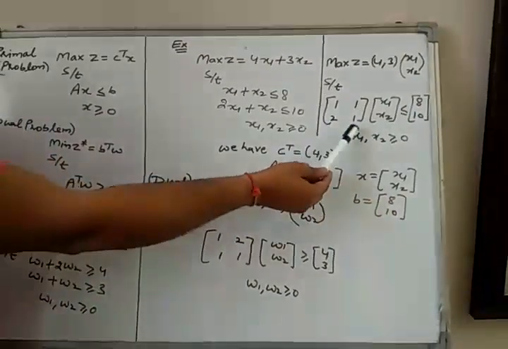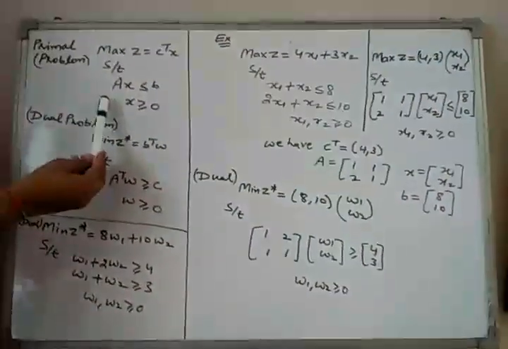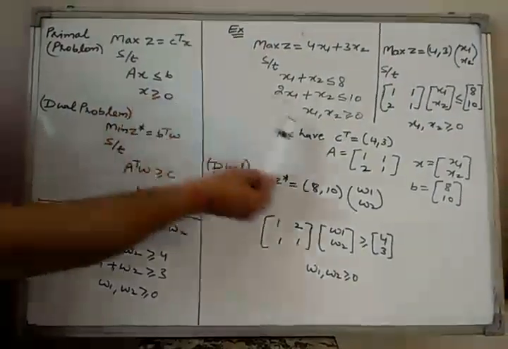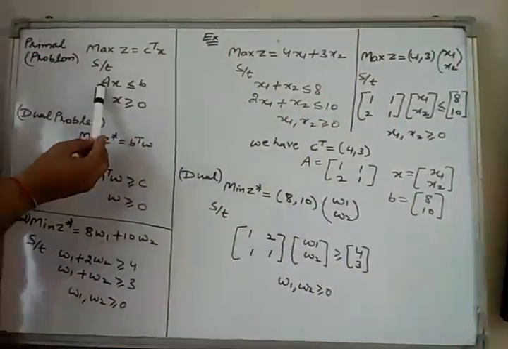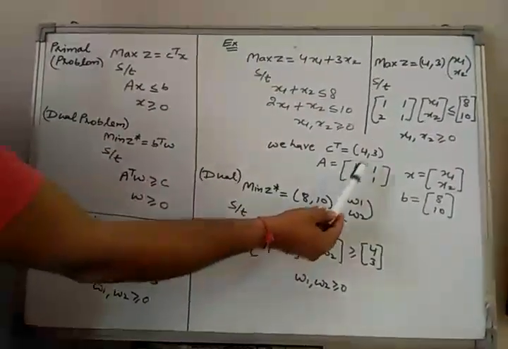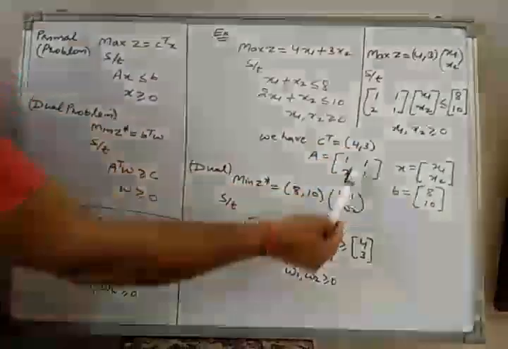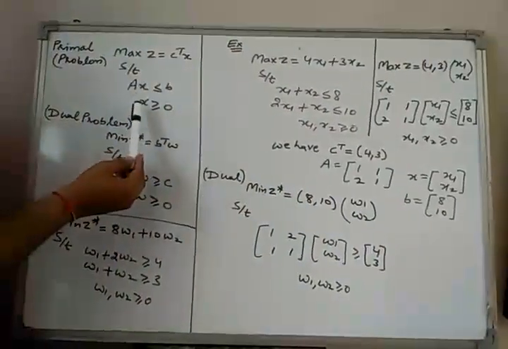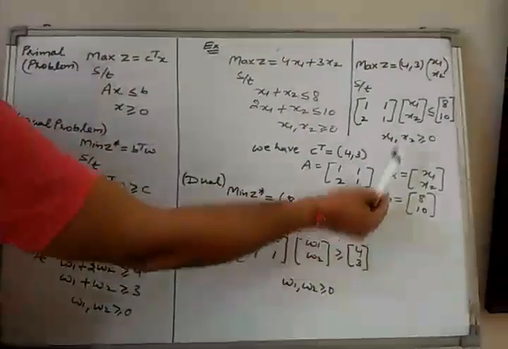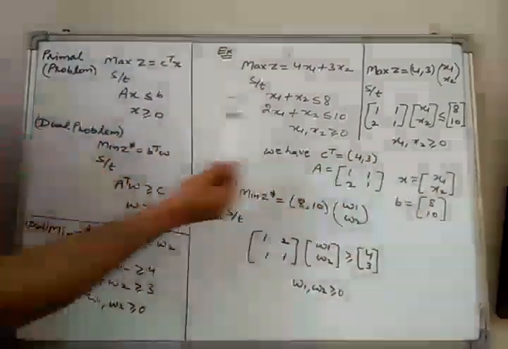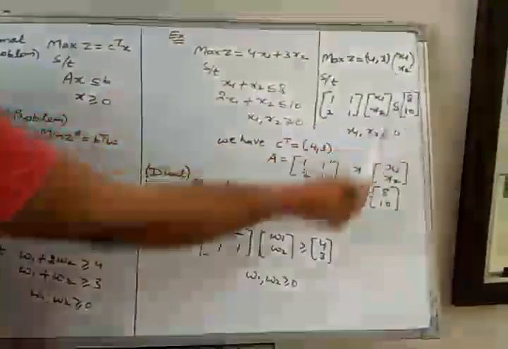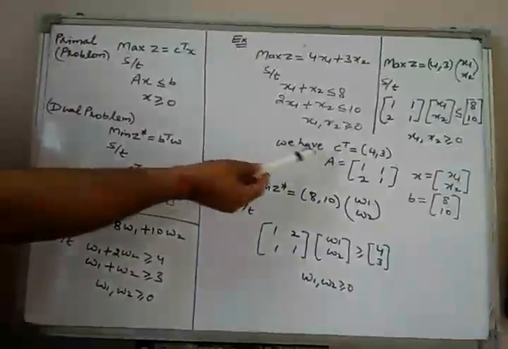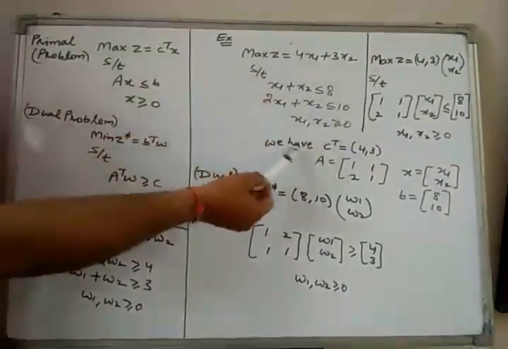If we compare this with the primal problem, then we get C transpose as (4, 3), the coefficient matrix capital A as [1 1; 2 1], x as (x1, x2), and small b, that is the right hand side, as (8, 10). Now we will make the dual of this primal problem.